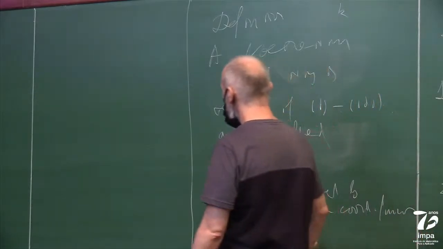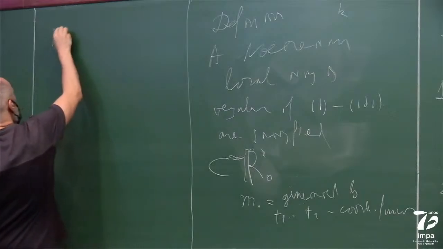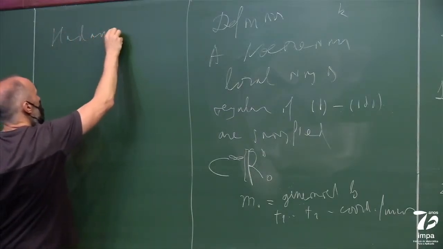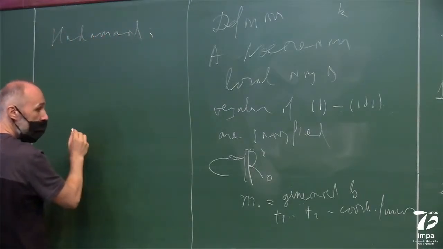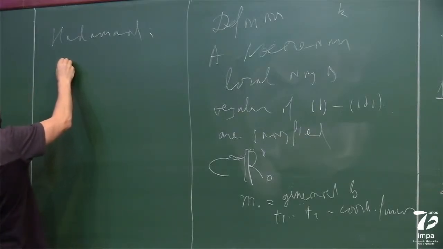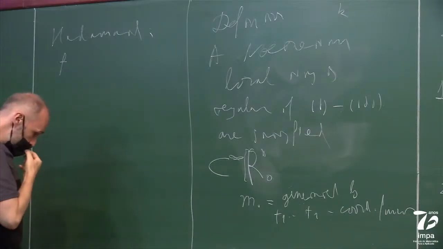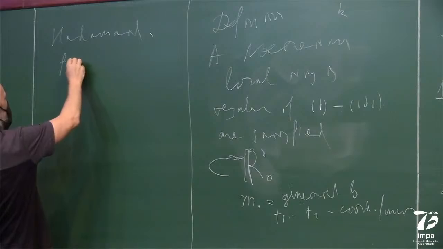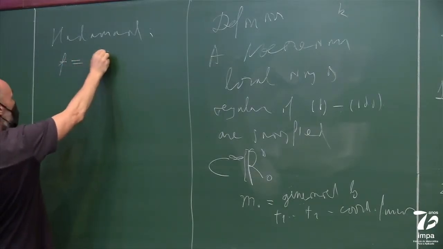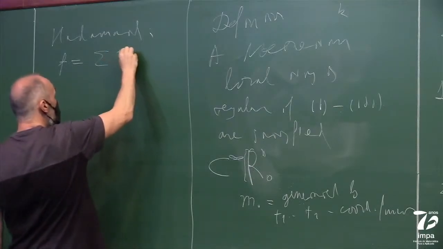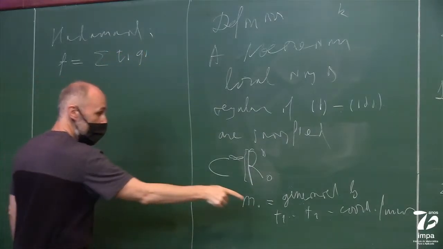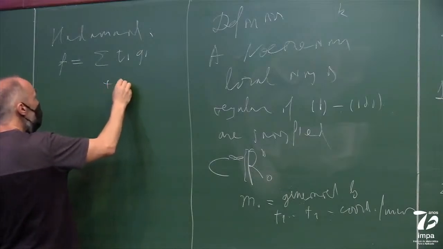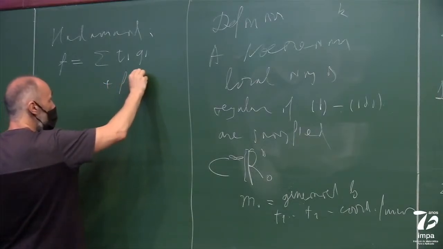This follows from what is called Hadamard lemma, which states that for each function f, f is equal to the sum of ti gi, where ti are our coordinates, plus f of 0.